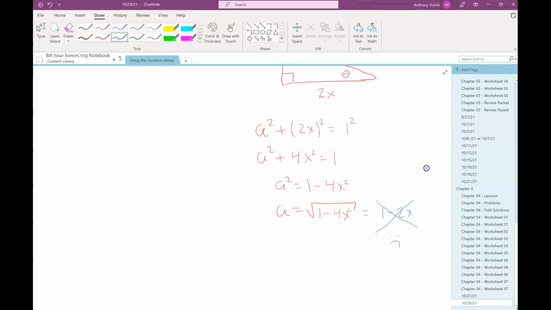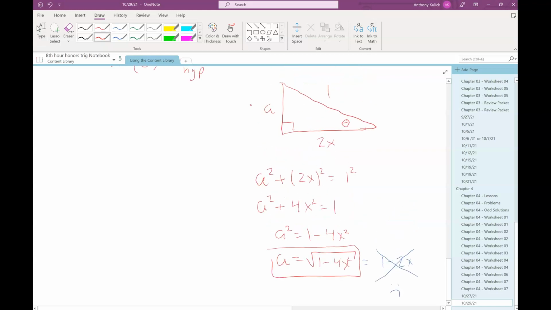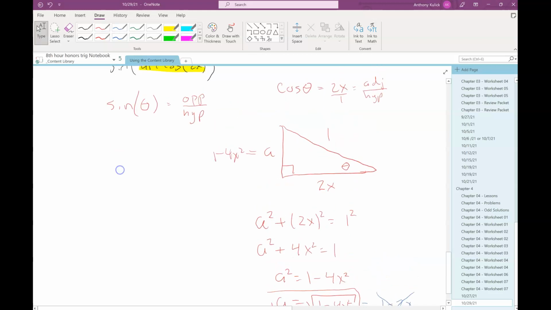You can break radicals at multiplication and division, but not at addition and subtraction. So that can't be simplified any further. So sine theta is just opposite over hypotenuse, or just the square root of 1 minus 4x squared. So that's my algebraic expression.